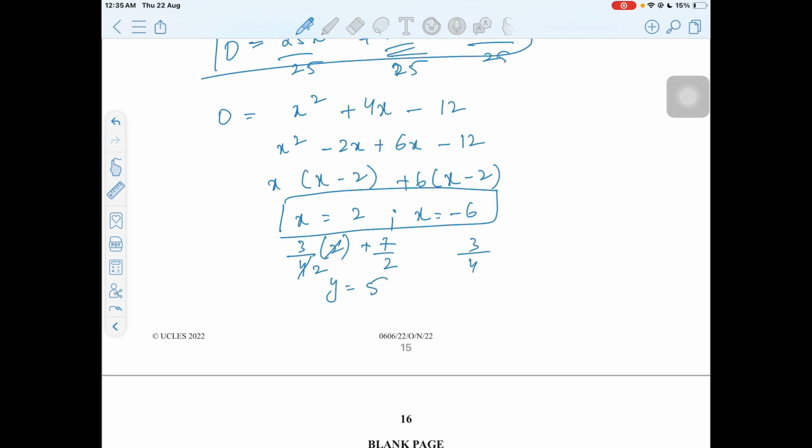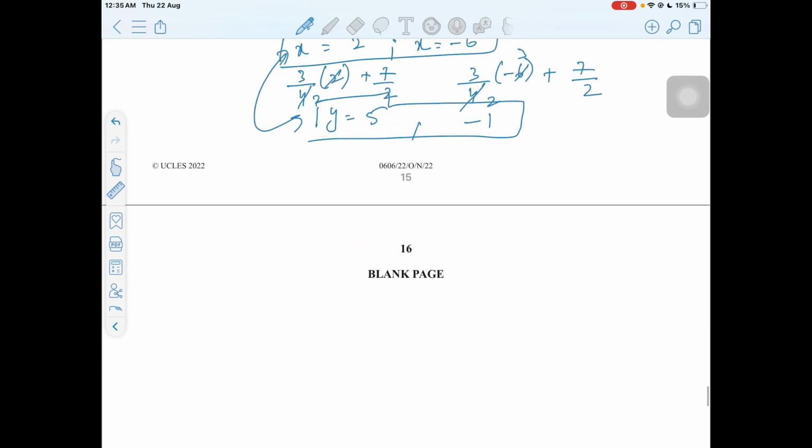Now plugging in this again, negative 9 plus 7 would be negative 2, negative 2 upon 2 is negative 1. So we have our y's as well, right? I hope you get it.